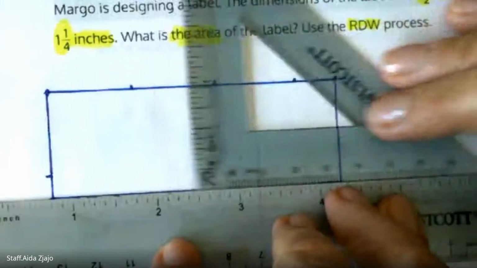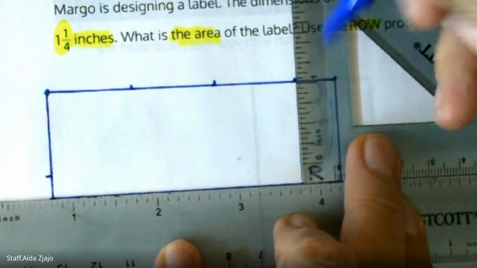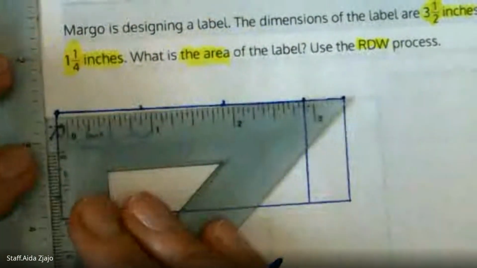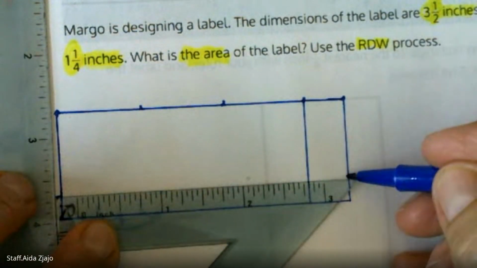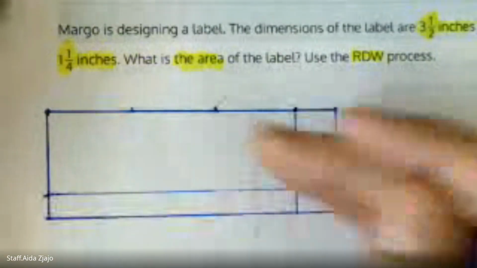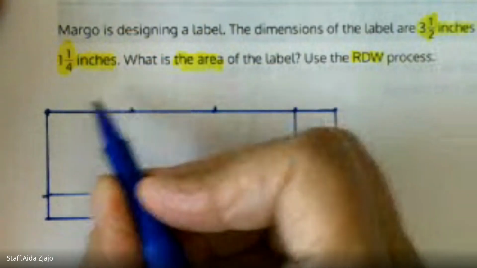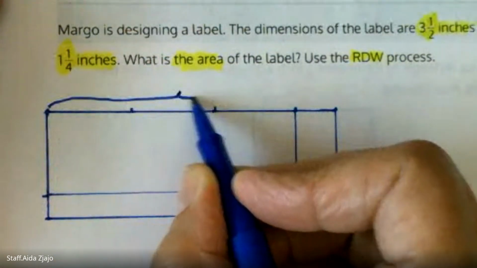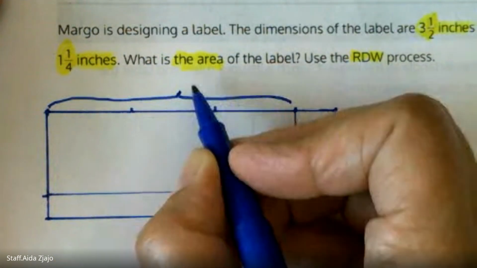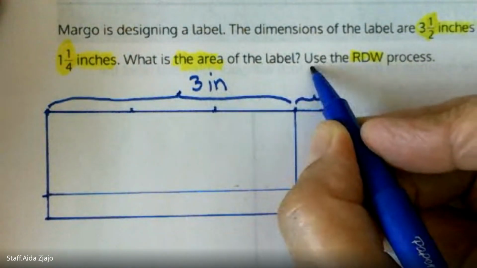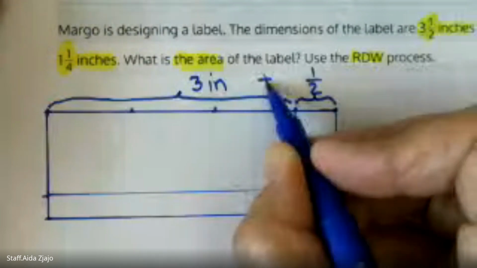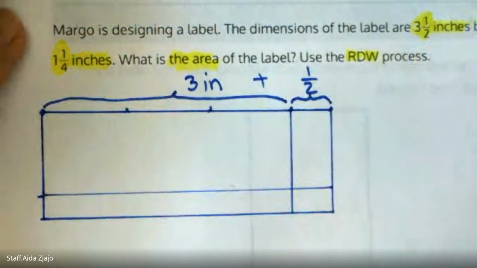But now I'm going to break the rectangle into the wholes and the parts, so I can find the area. This is 3 inches and this is 1/2 inch. So together it is 3.5 inches.